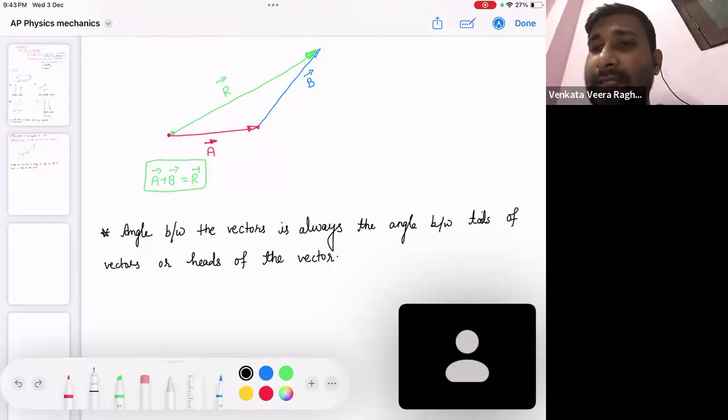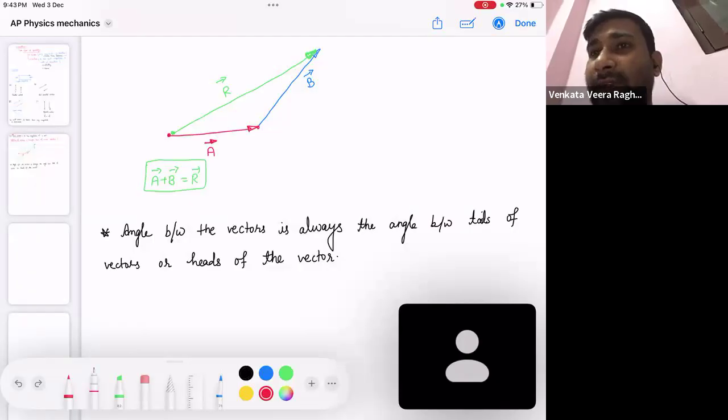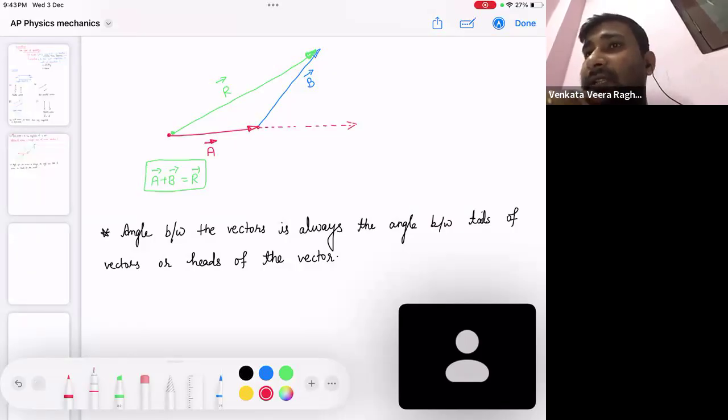Tell me, can I just extend the vector A? Because just now we have seen that if I shift a vector parallelly without changing the magnitude and without changing the direction, that doesn't change the vector. So isn't this also vector A and this also vector A?